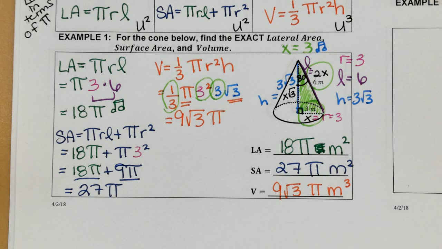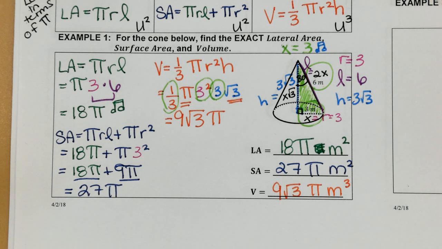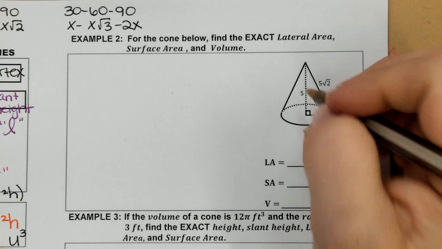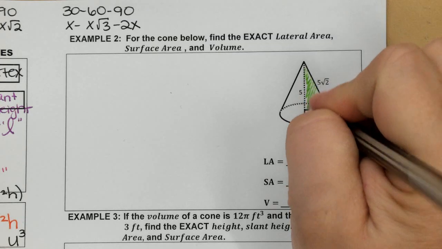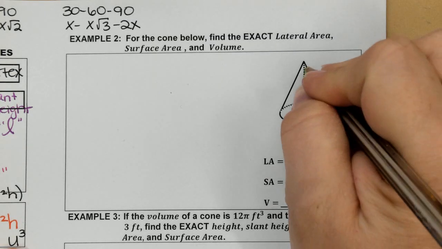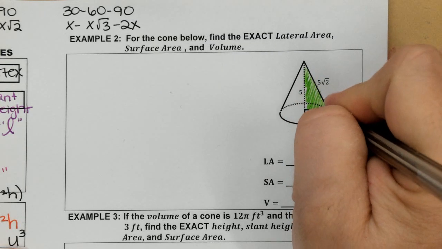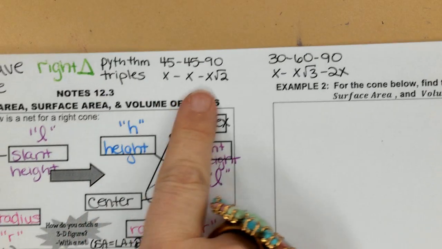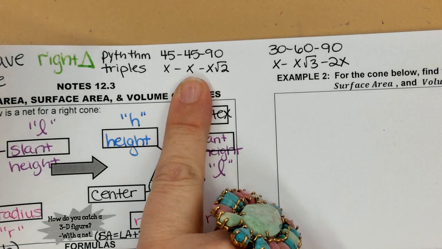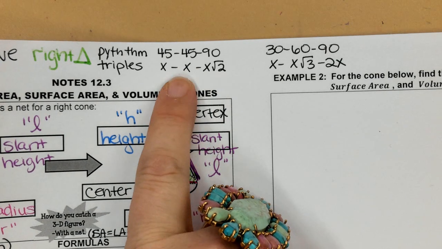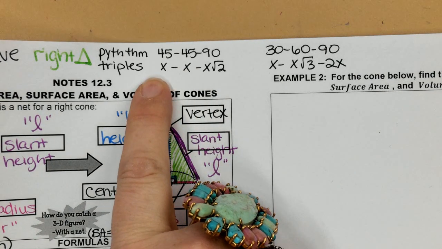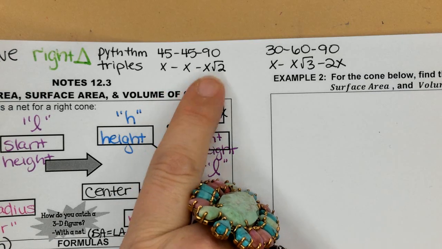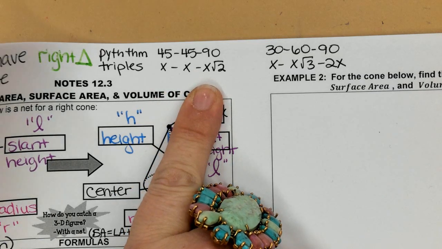Then on the next side, we've got our sliver of a triangle. That is our starting point here. And I do notice that it has a square root of 2. And when we have a square root of 2, it could potentially be a 45, 45, 90. Well, with that rule, remember, if it was 10, 10, that would be 10 square root of 2.